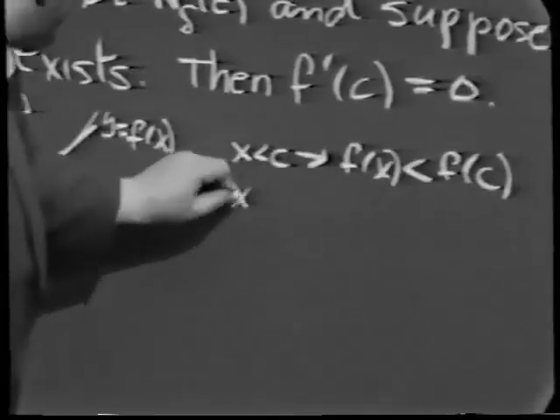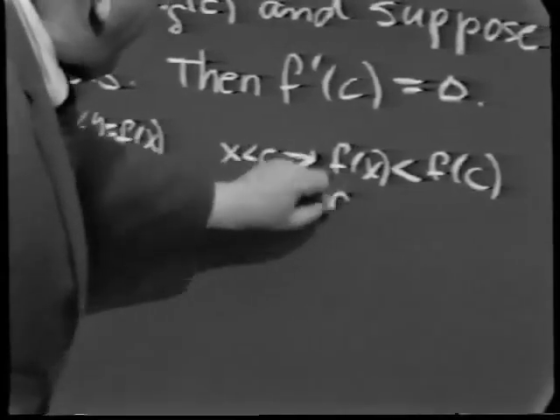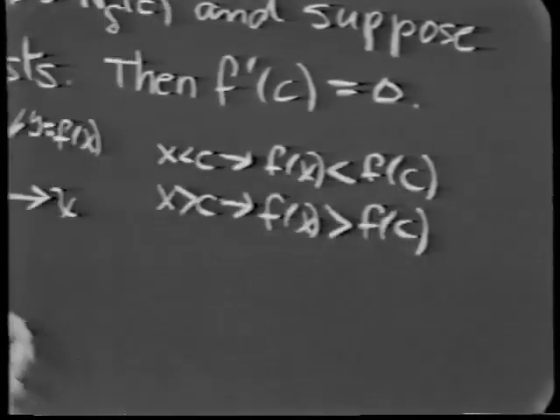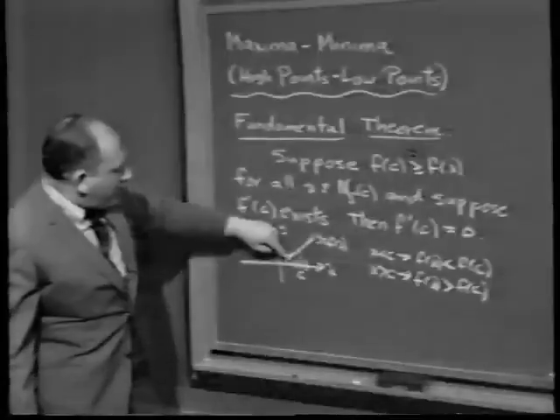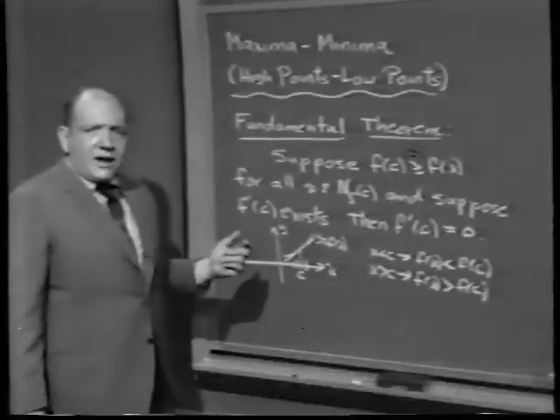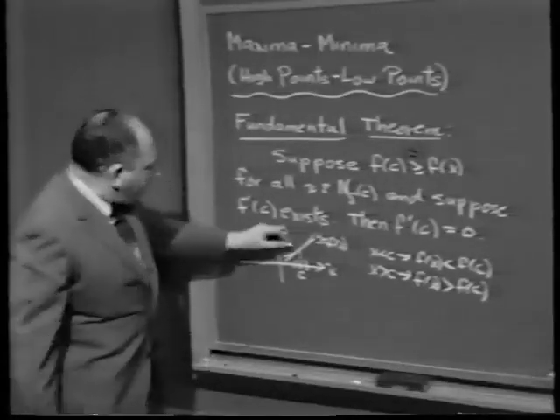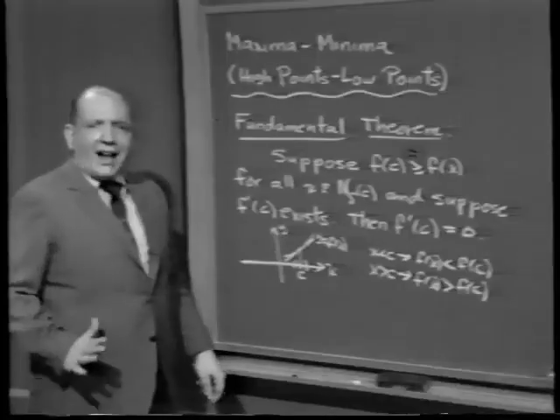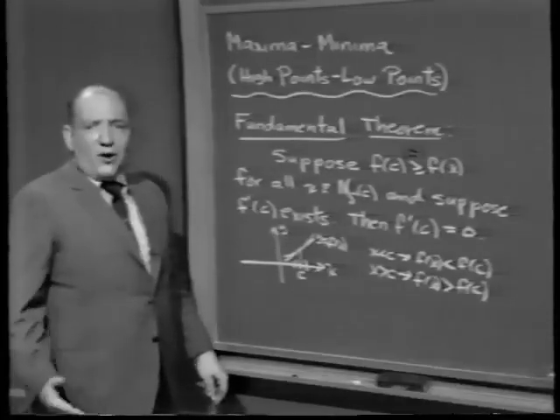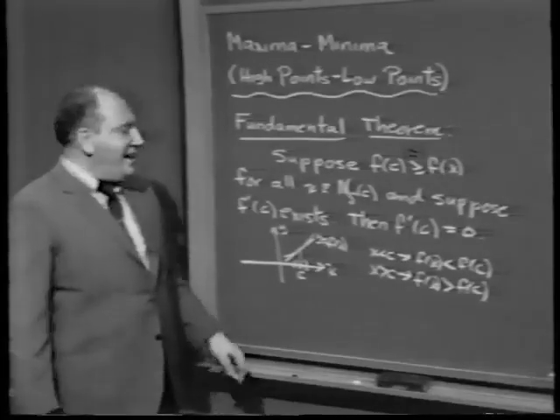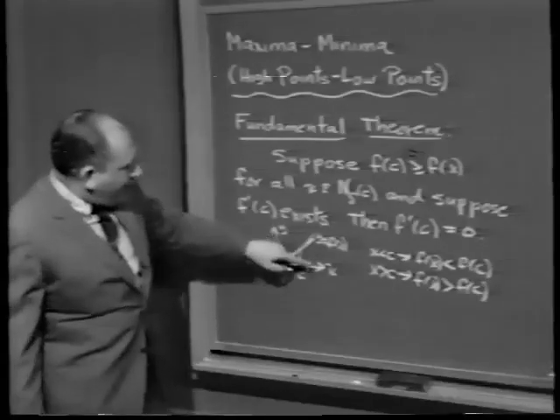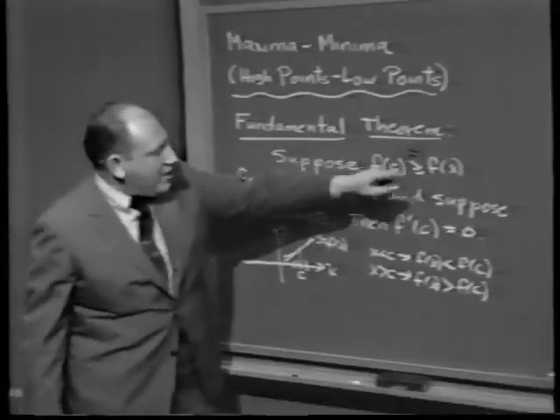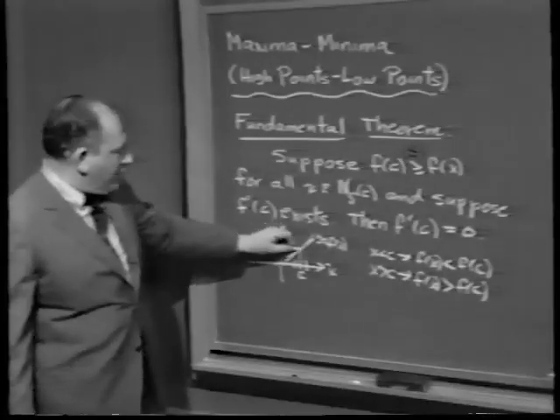And if x is greater than c, f of x is greater than f of c. In other words, if the derivative is positive, the curve is always rising, and hence the point in the middle of that neighborhood cannot be the highest point in that neighborhood, nor can it be the lowest point. In fact, a similar argument holds if we want to illustrate that f of c is less than or equal to f of x in this particular neighborhood.